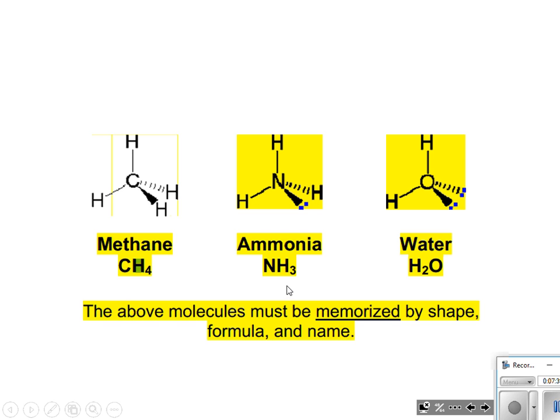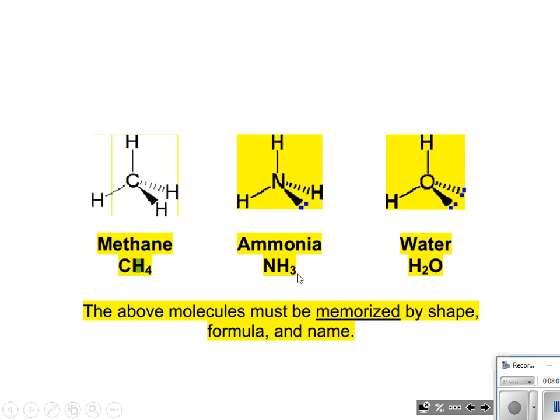NH3 is ammonia. It is ammonia. And notice that this wedge bond here is not actually a bond. That's just an unshared pair of electrons. Okay? They're saying that these unshared pair are coming out of the board. This hydrogen's going back into the board.